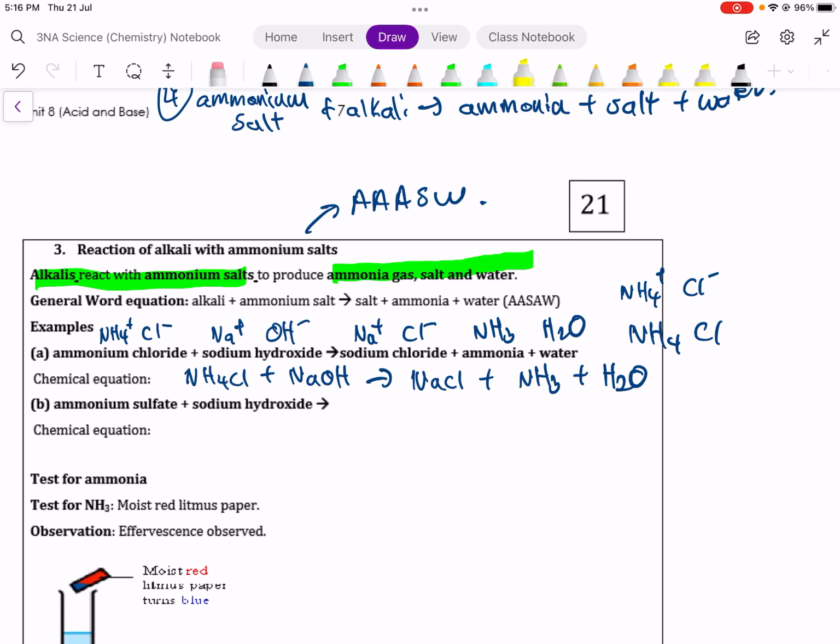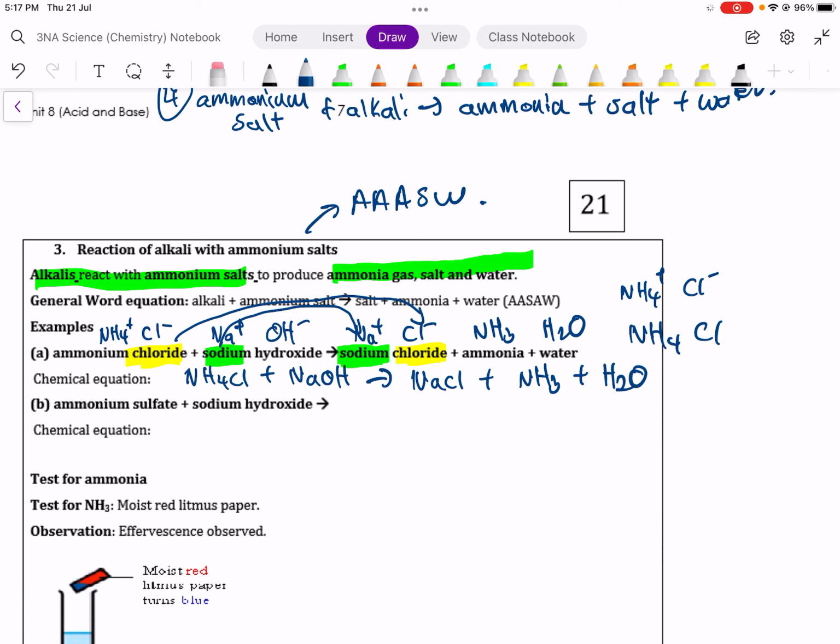Alright, one thing is I will help you see a pattern of the name as well. Let's say it's chloride, right? Second word will be chloride. So the name of the salt: first word from the alkaline, second word from the ammonium salt.